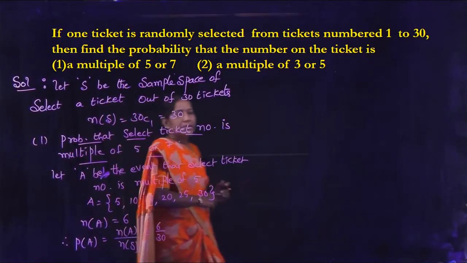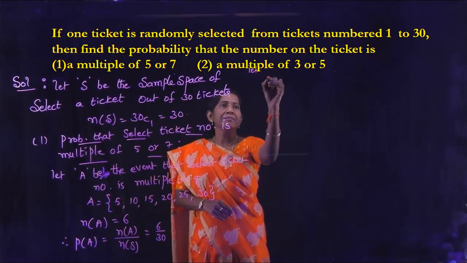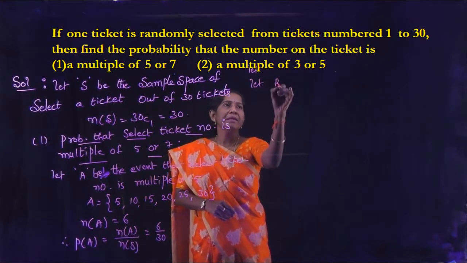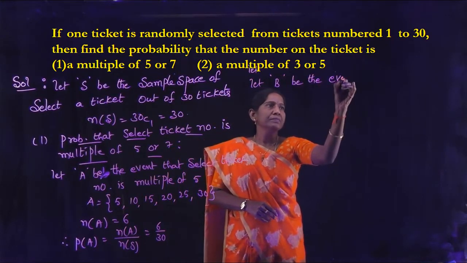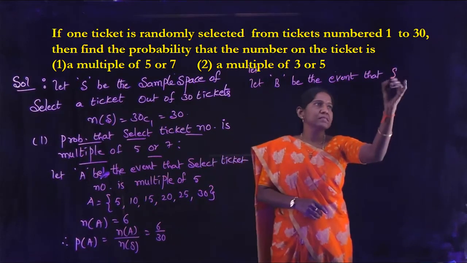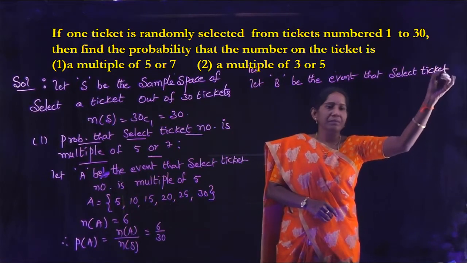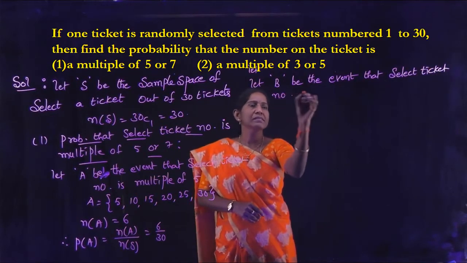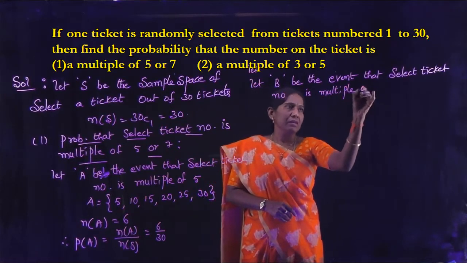And let B be the event that the selected ticket number is a multiple of 7.